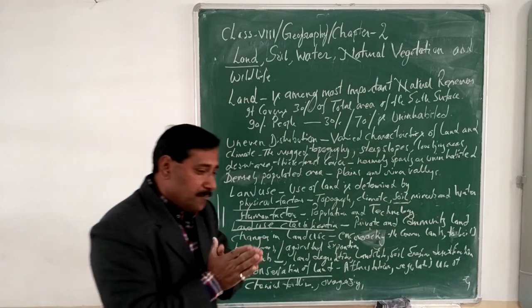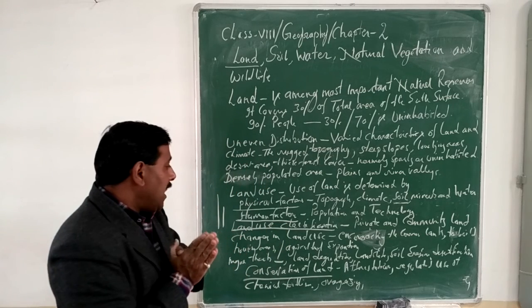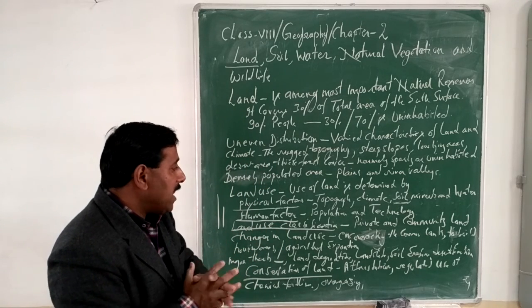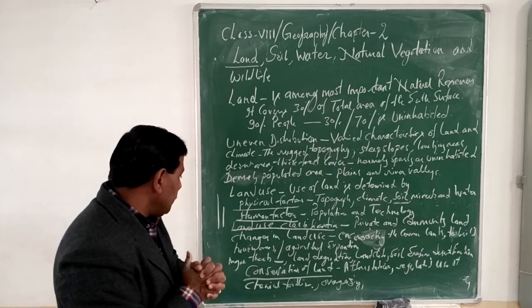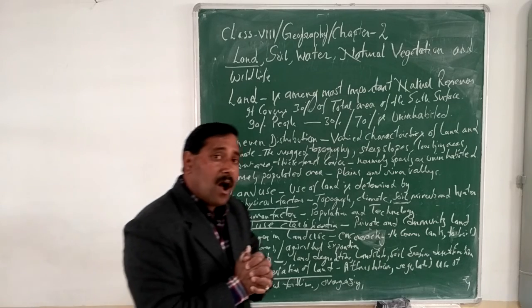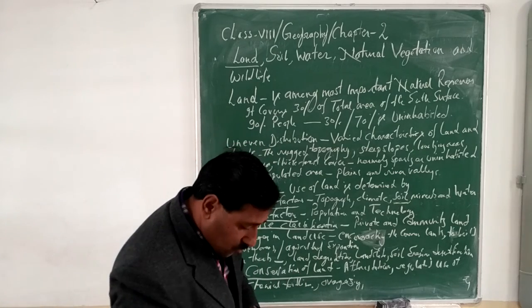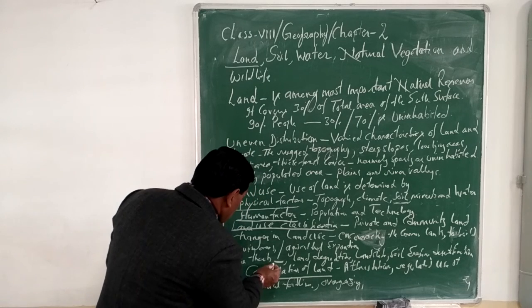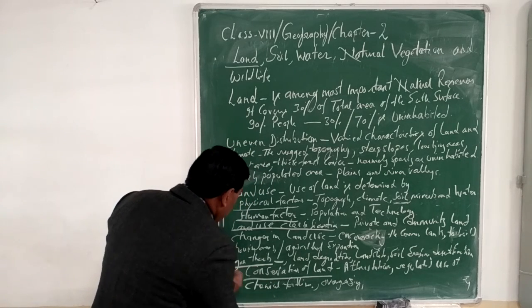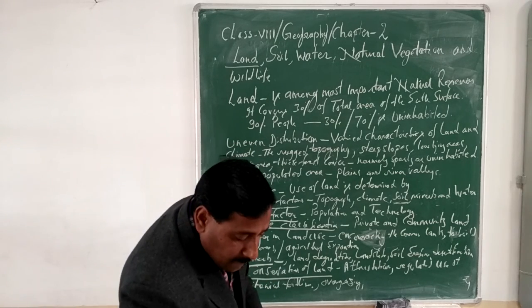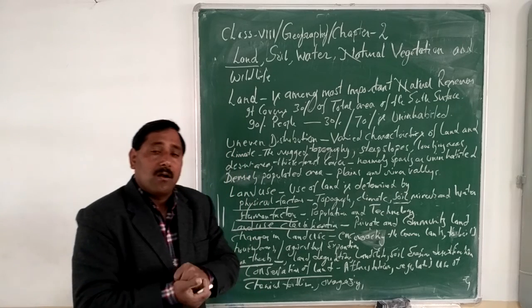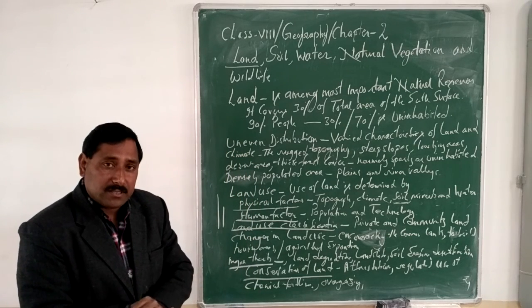So these are some major threats: land degradation, landslide, soil erosion, desertification. These are the major threats. So you need to discuss these major threats. What are these major threats?